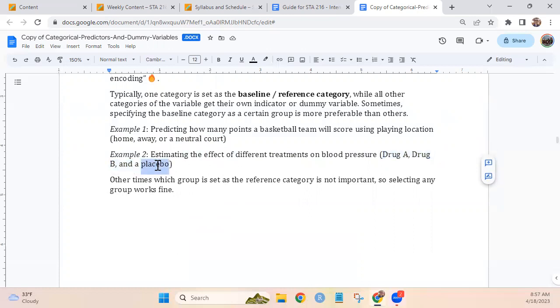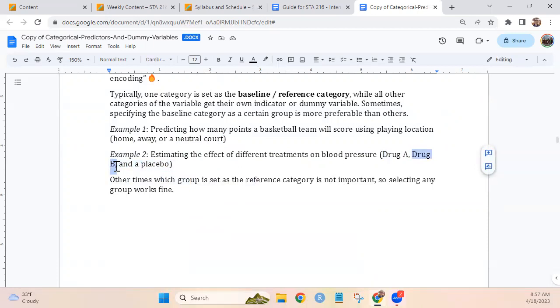Typically you would make the placebo group the baseline or reference category, just to facilitate interpretation of the effects, because then you get an effect of your drug, a slope corresponding to this effect essentially, and a slope corresponding to the current practice above just using a placebo.